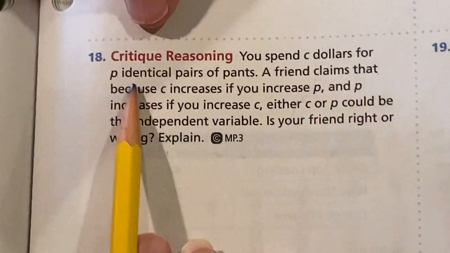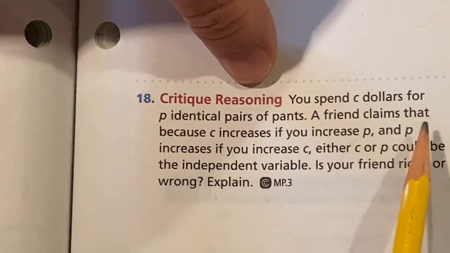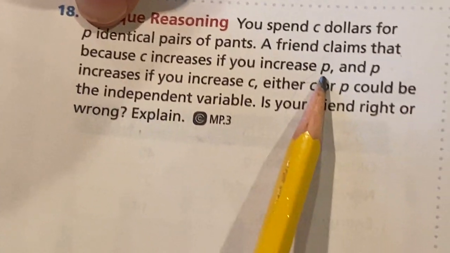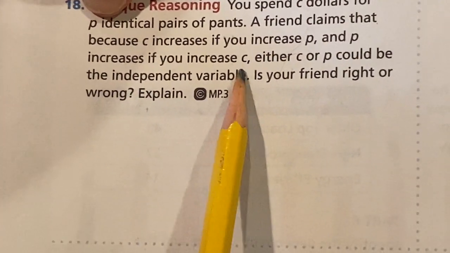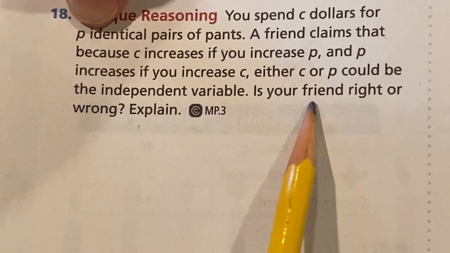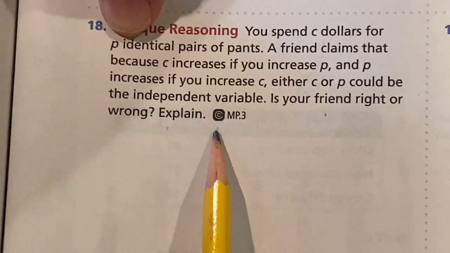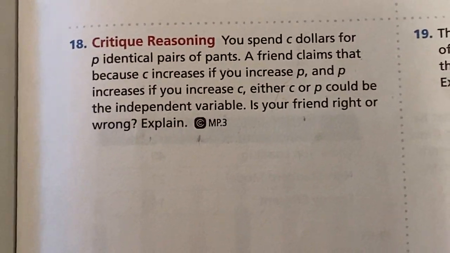C dollars for identical pairs of pants. Why are you buying identical pairs of pants? Anyway, a friend claims because C, so the cost increases if you increase the number of pants, and P increases if you increase the cost, either C or P could be the independent variable. Is your friend right or wrong or annoying and should just stop talking about your pants? Okay, think about that one.